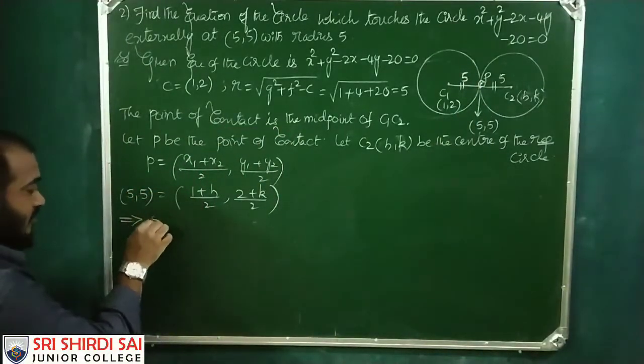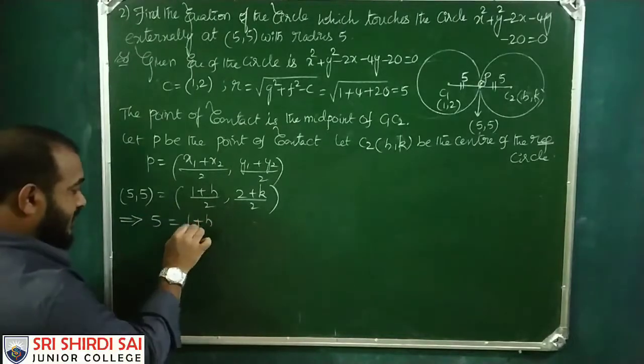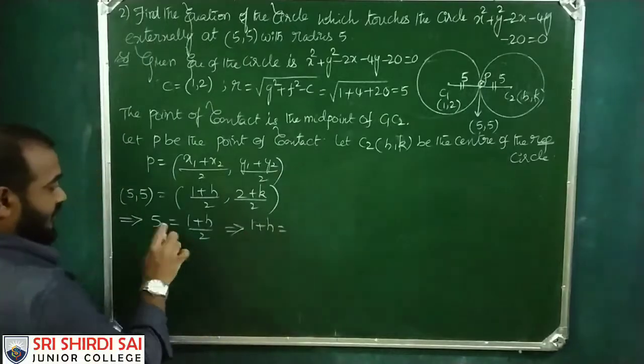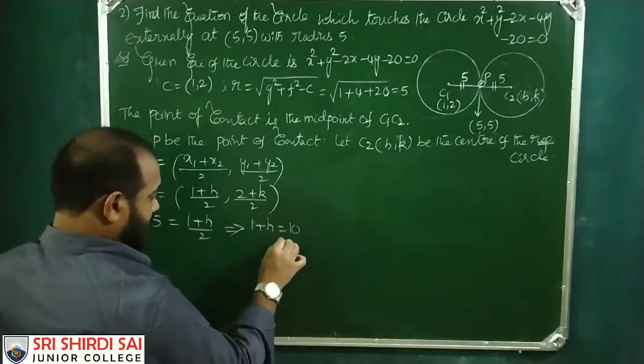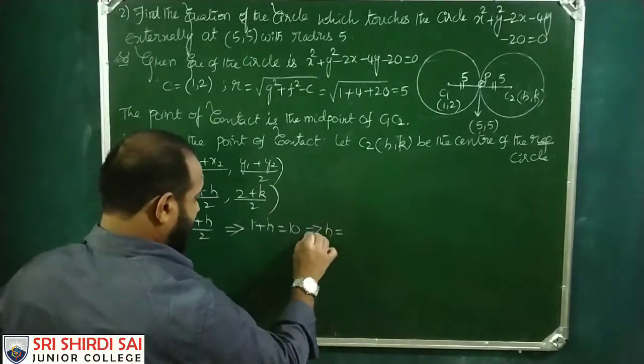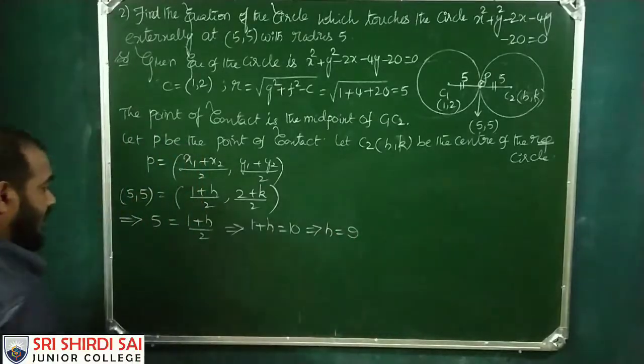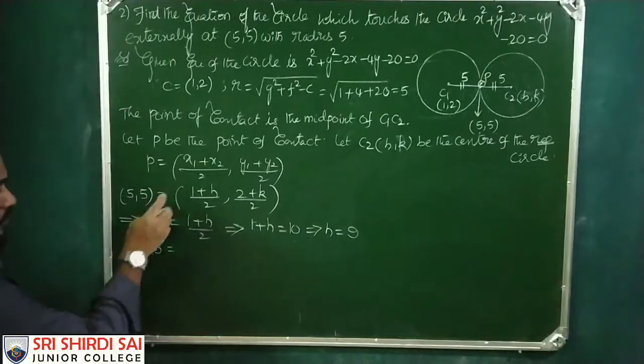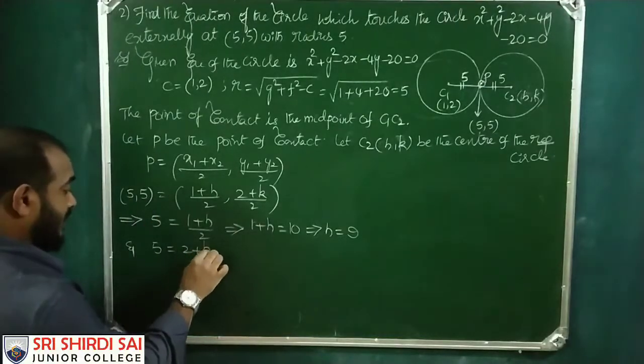That implies 5 equals (1 plus h) by 2, so 1 plus h is 2 fives, which is 10. Therefore h is 10 minus 1, which is 9. And 5 equals (2 plus k) by 2.